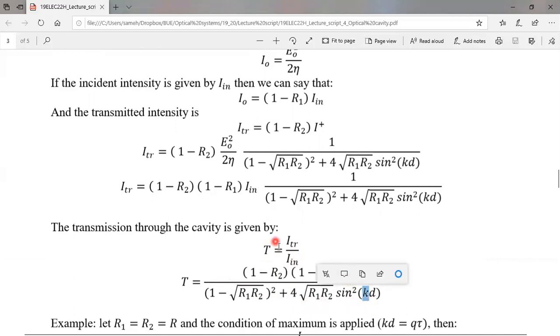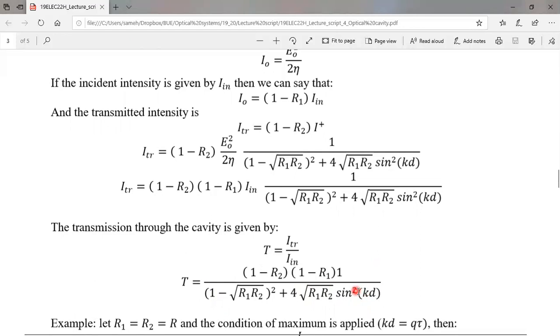Then what is the condition to make T equal to 1? Simply, if this term is equal to 0, then you will have 1 minus R square over 1 minus R square. That's right. So you should act to make this term equal to 0.